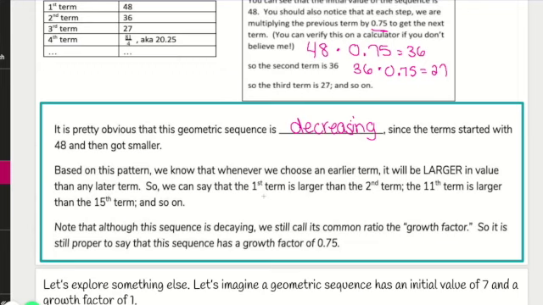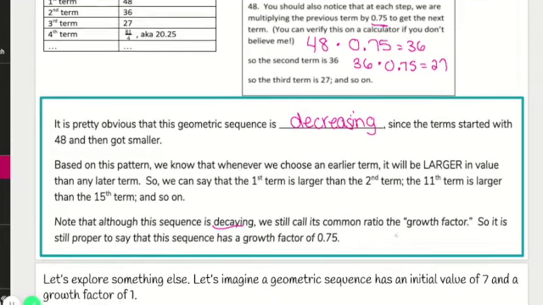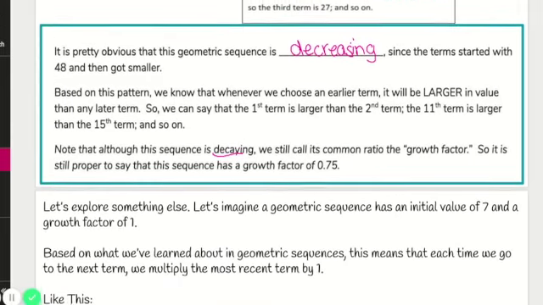So the first term is larger than the second, the 11th term is larger than the 15th, and so on. Although the sequence is decaying or decreasing, we can still call its common ratio the growth factor. So it is still proper to say that this sequence has a growth factor of 0.75.